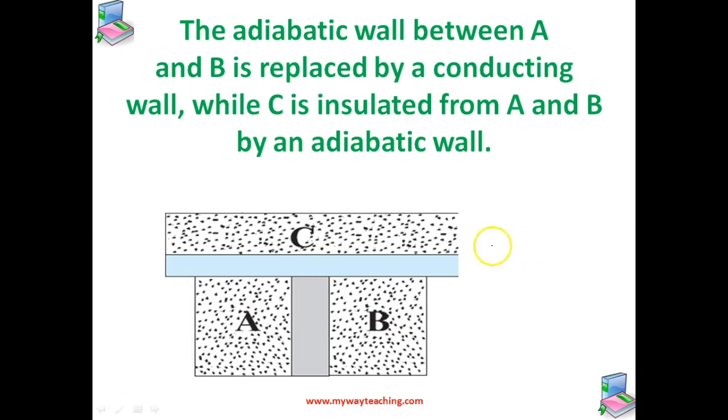So now this is adiabatic wall, and the wall between A and B is replaced with the conducting wall. We can say diathermic wall. So it is found that the states of A and B change no further, that is, they are found to be in thermal equilibrium with each other.